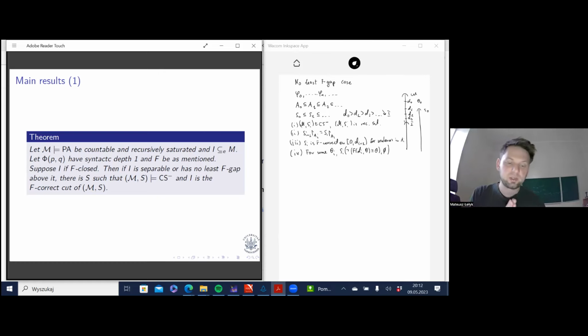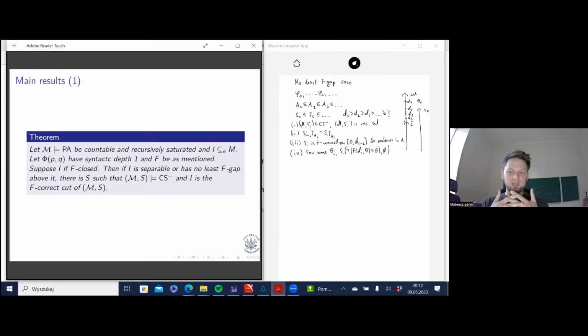Okay, so this is all I wanted to say. I hope that at least it is intuitive how these two conditions enter. So maybe one last thing: the big picture of this argument is the same as previously.